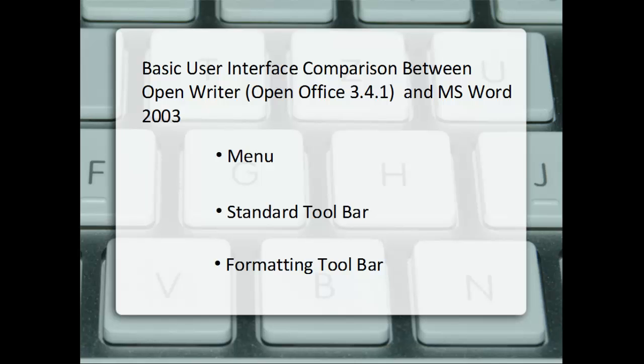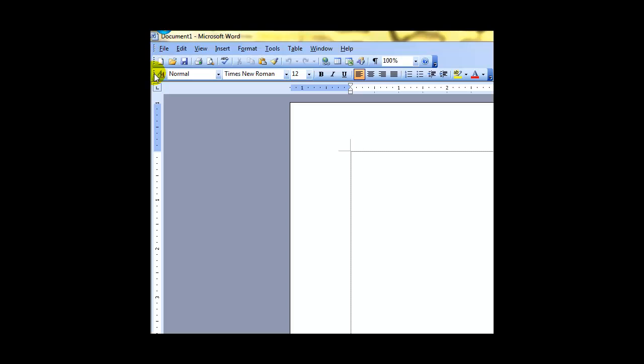We go next to the formatting toolbar. This is the formatting toolbar for MS Word. As you can see, styles and formatting, style, font, font size, bold, italic, underline, align left, center, align right, justify, numbering, bullets, decrease indent, increase indent, and we have here highlight and font color.